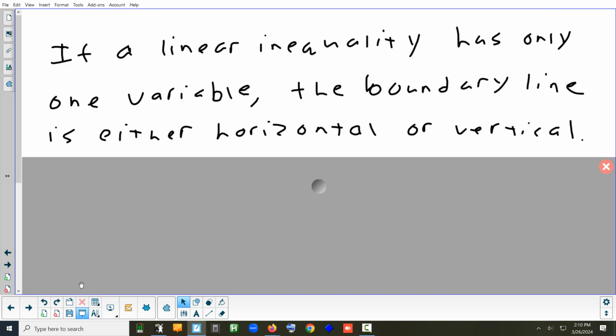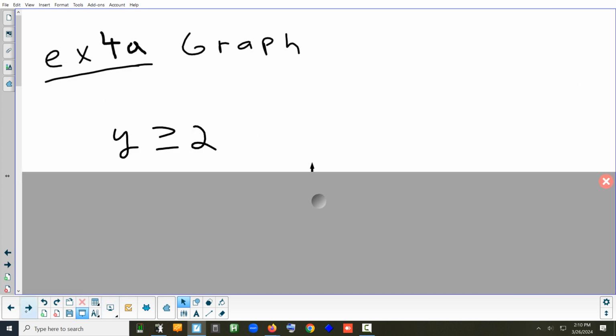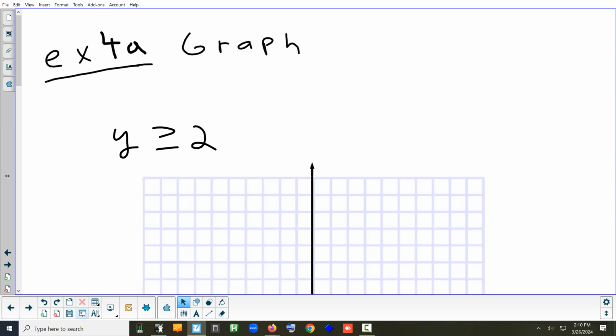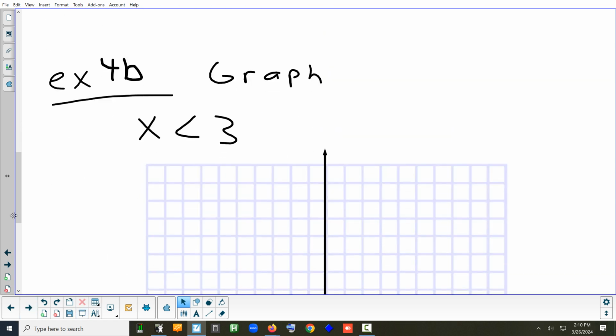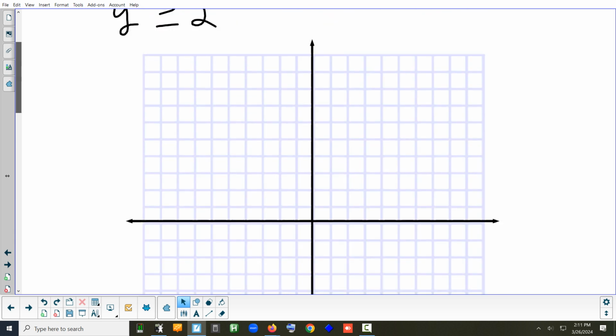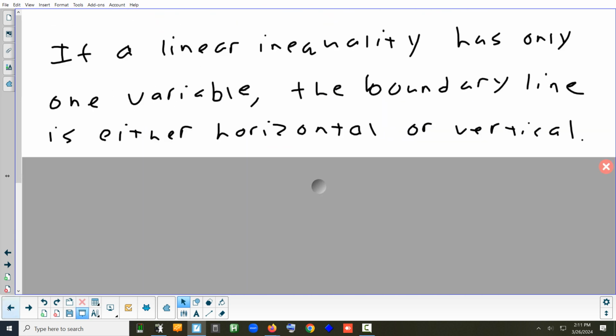If you have a problem with only a single letter, just a Y or just an X, that is a special case. A special case only has one variable. When you have one variable, the boundary line is either perfectly horizontal or perfectly vertical. It's not on a slant.